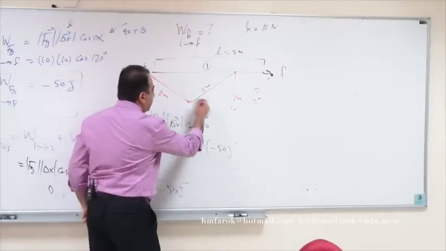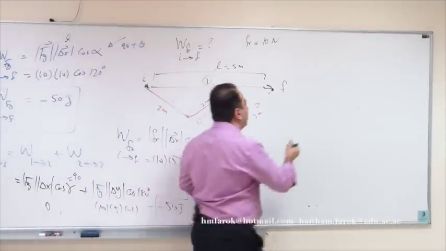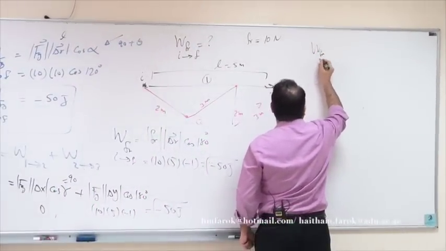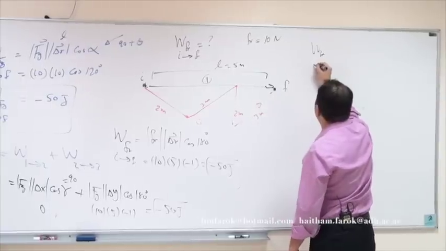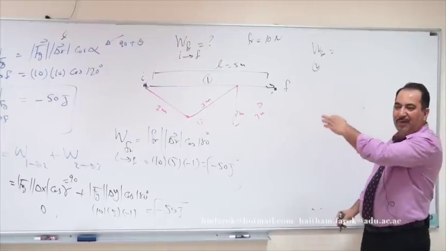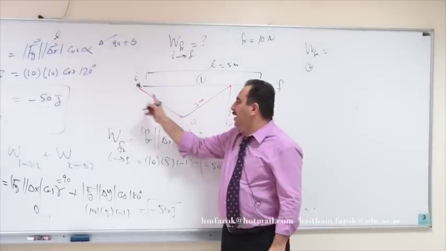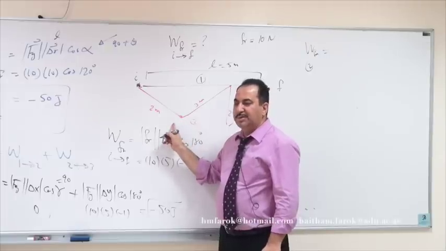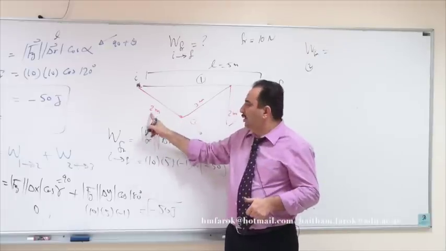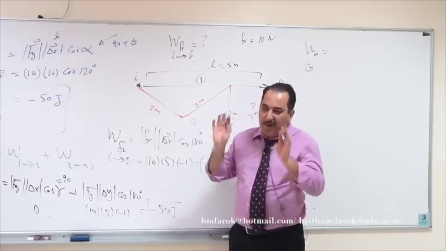Path number 2. Now, what is the work done by friction on path number 2? Which means W_FR, path number 2. Of course, I can divide it into works, yeah? So, first part, from here to there. How much is the work of friction? Friction force, displacement, cosine 180.